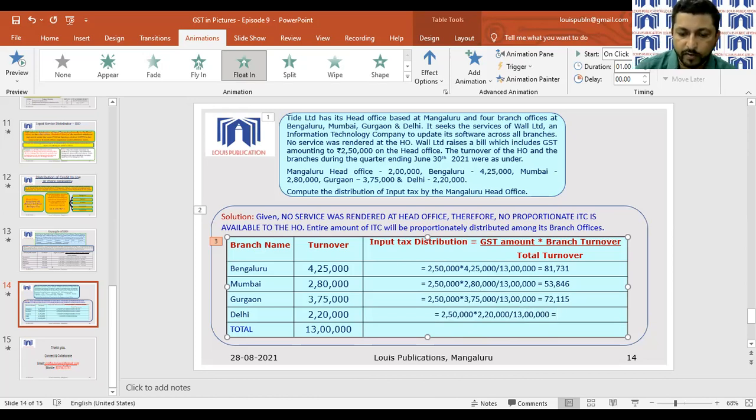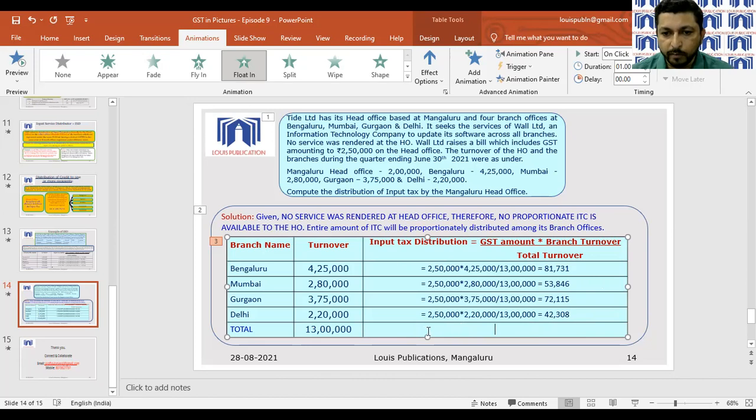It is 2,50,000 into 2,20,000 divided by 13 lakh. That will work out to 42,307.69. We'll take it as 308. So if I just total this, 8 plus 5 is 13 plus 6 is 19, 1 is 20.